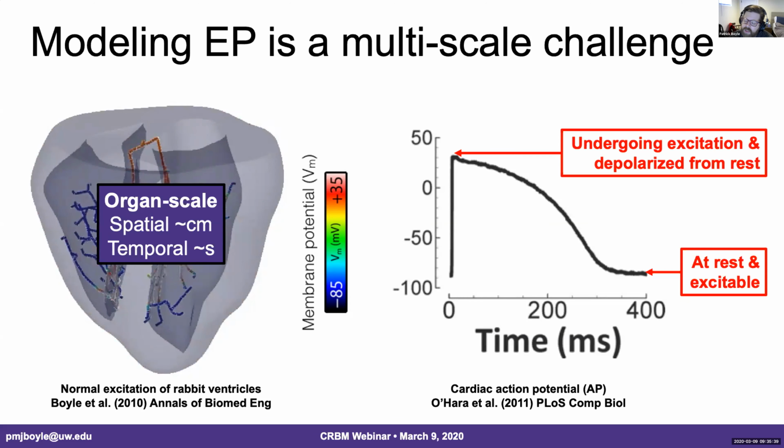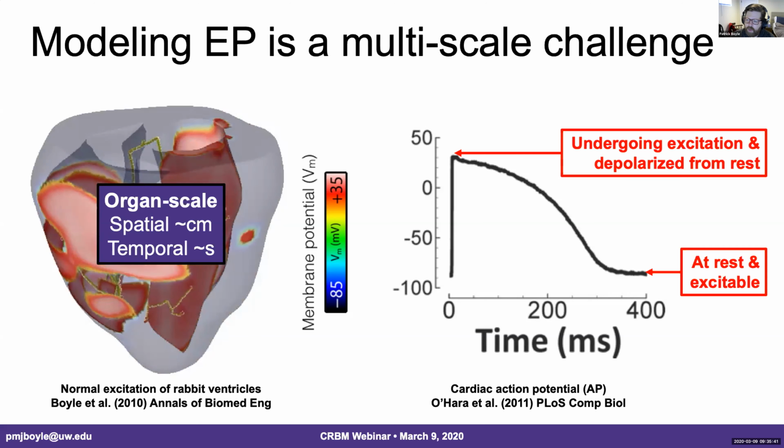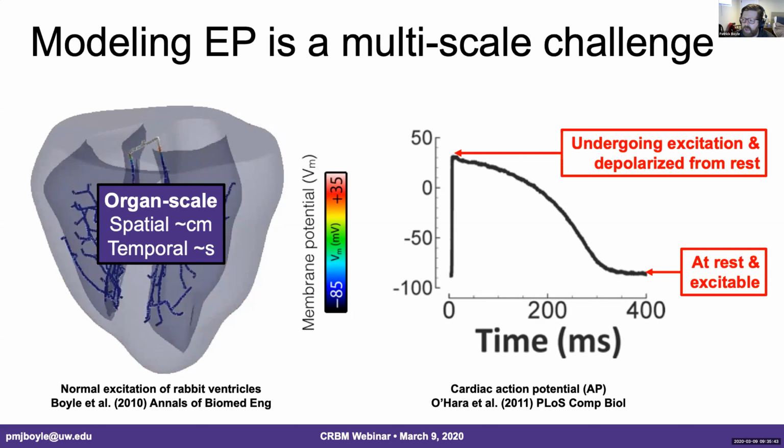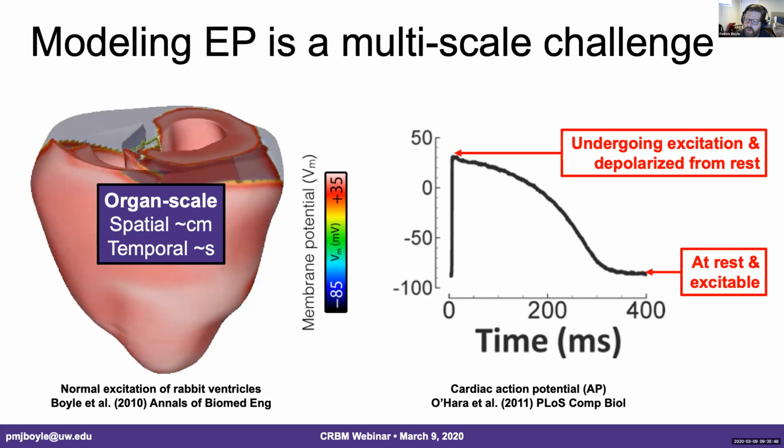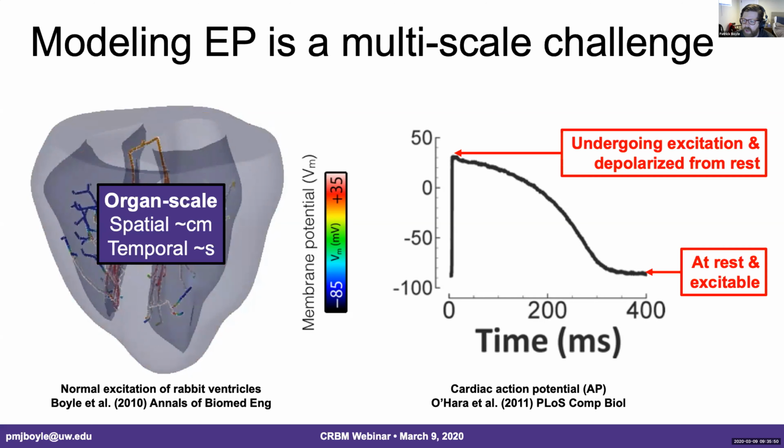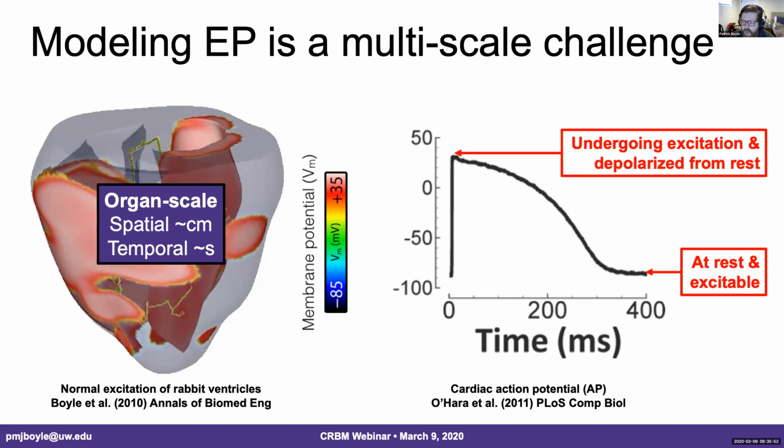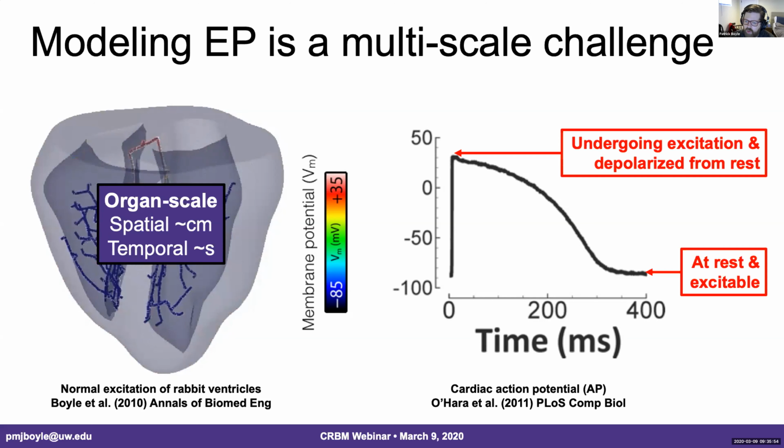In contrast, at the cellular scale, a single cardiomyocyte is on the order of hundreds of microns long, or maybe even smaller, depending on the cell type, and the temporal scales are extremely short.